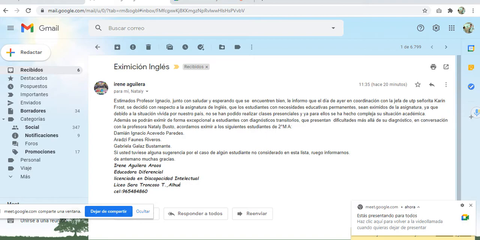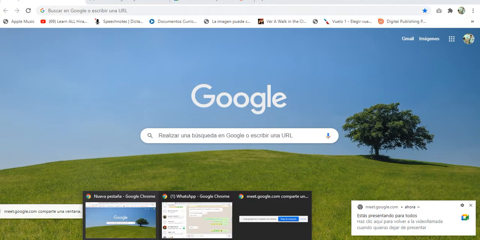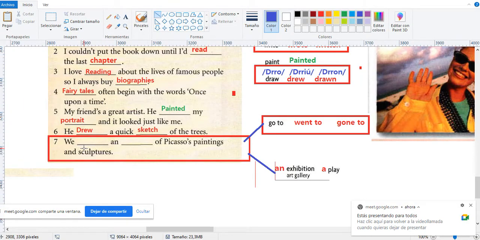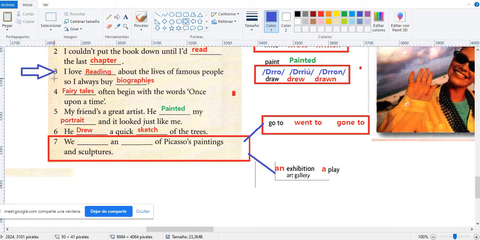For example, so it is not correct to write go. Todo esto está en pasado. Porque acá sería vamos a. Y acá, fíjate que todo está escrito wrote. Luego tenemos read. No, aquí hay una que dice I love reading about lives of famous people. Ahí esto está en presente. Así que, claro, acá tiene un punto Guillermo. Puede ser que esta también esté en presente y hable de los hábitos.